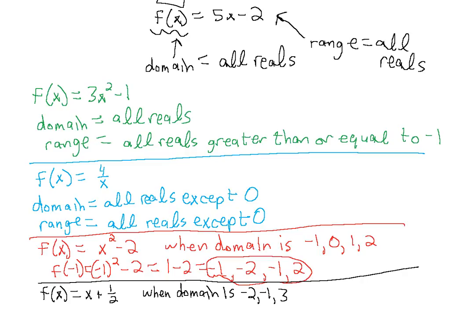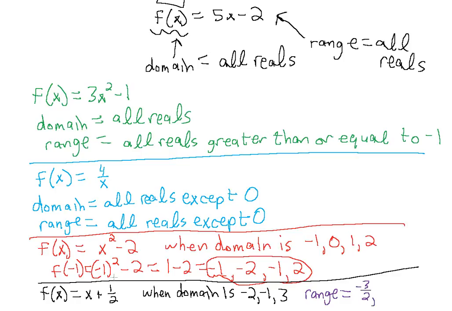We want to know what the range is. So the range is going to be our function evaluated at these 3 values. So f of -2, we plug in -2 for x. -2 plus 1/2 is going to give us -3/2.